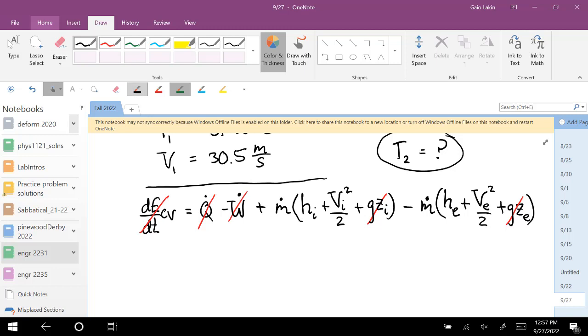I usually try to remind myself to write it in whatever form is going to have both sides be positive. So that means we're going to have V_e squared over 2 minus V_i squared over 2 is equal to h_i minus h_e.